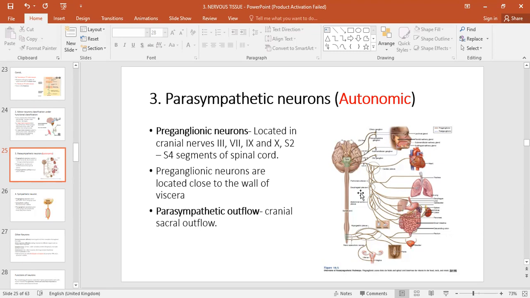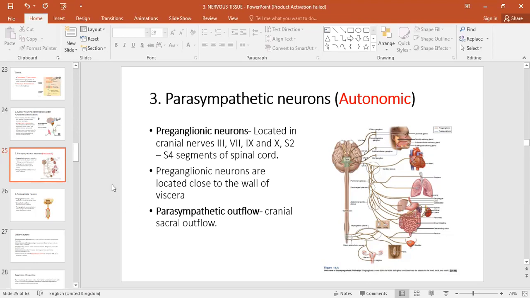Then we also have parasympathetic nerves that originate from the sacrum. So here, that is brain, that is sacrum. So these are parasympathetic as well. That's why you say parasympathetic, its origin is cranial, meaning head, sacral, meaning sacrum. So it's cranial, sacral.